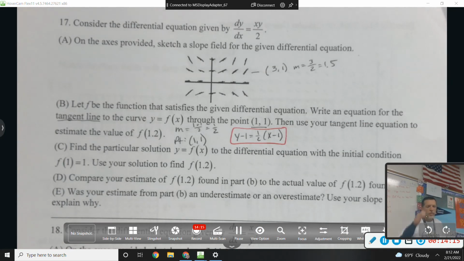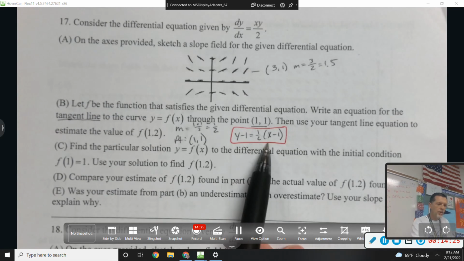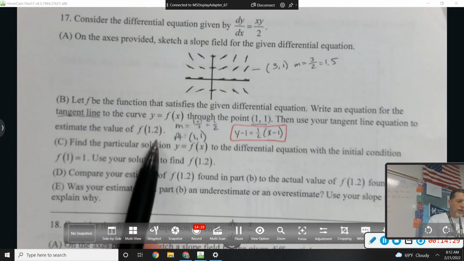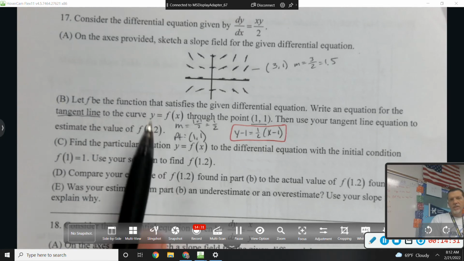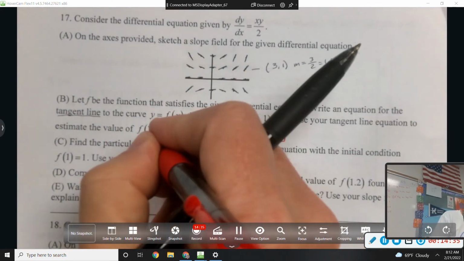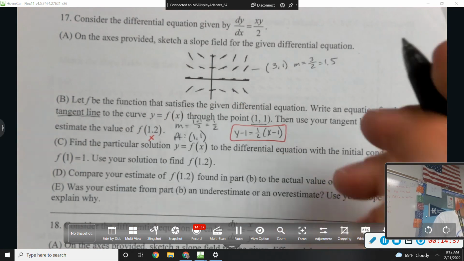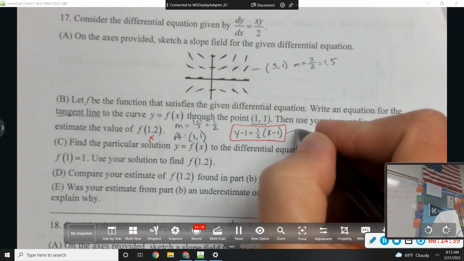Then it says use your tangent line to estimate the value of f of 1.2. So at 1, 1, here's my tangent line. Well, the tangent line should give me a reasonable guess for what the function at 1.2 is. 1.2 is the x value. So I'm going to take my tangent line.